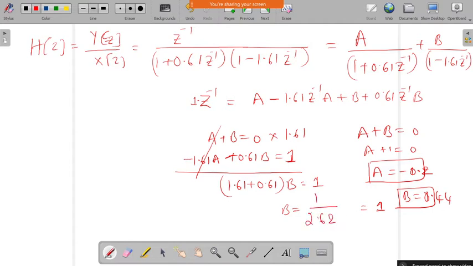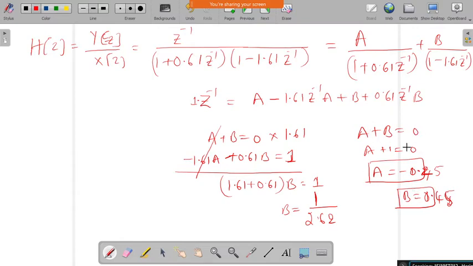What is the B value now? Is it 0.44? Yes, sir. Okay. So now A you can find out by using this equation. A will be minus 0.45. Yes, because A plus B equal to 0 means whatever the B value you get, the negation of that you are going to get.